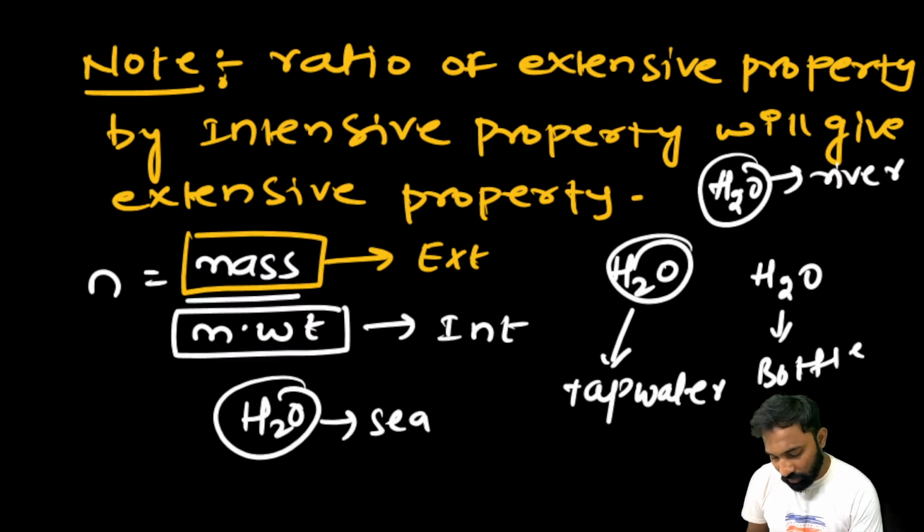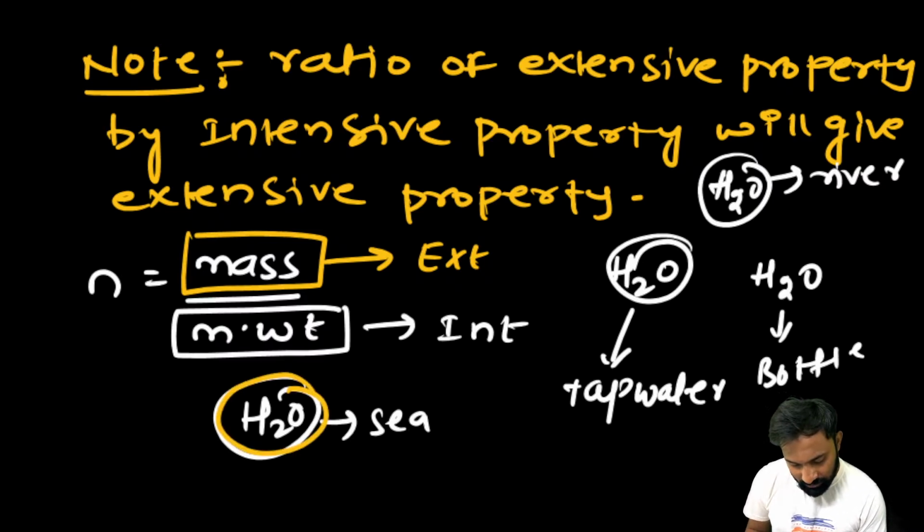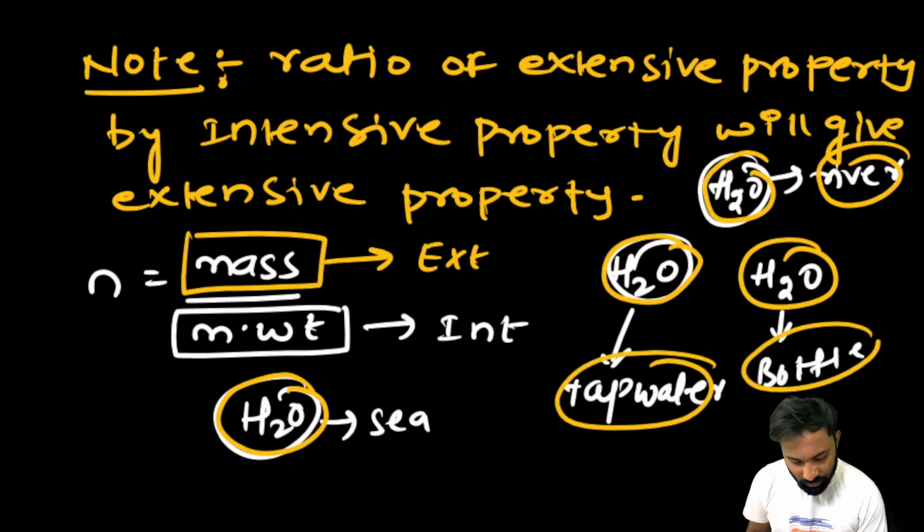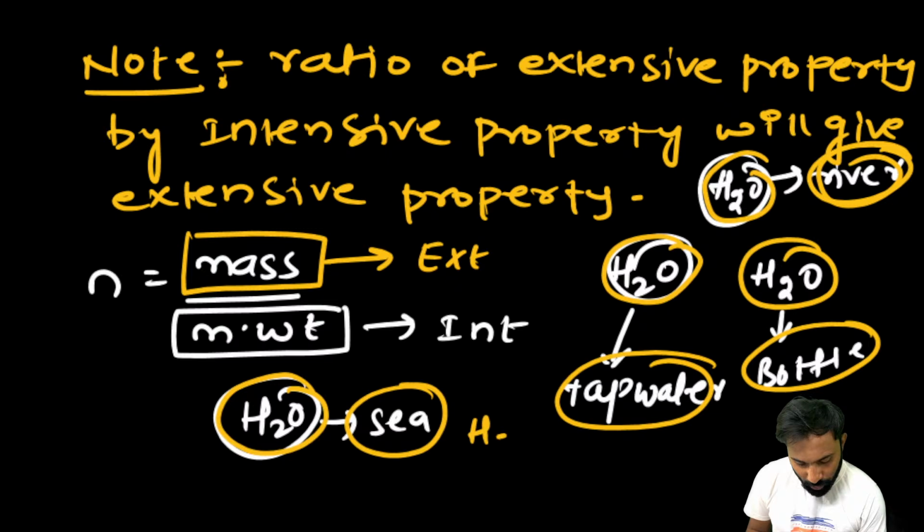Water I was taking from the sea, water from the river, water from the tap, water from the bottle. Now, different sources I was taking. Tap is a different source, bottle is a different source, river is a different source, sea is a different source. But in all the cases, the H2O molecular weight is 18, right?